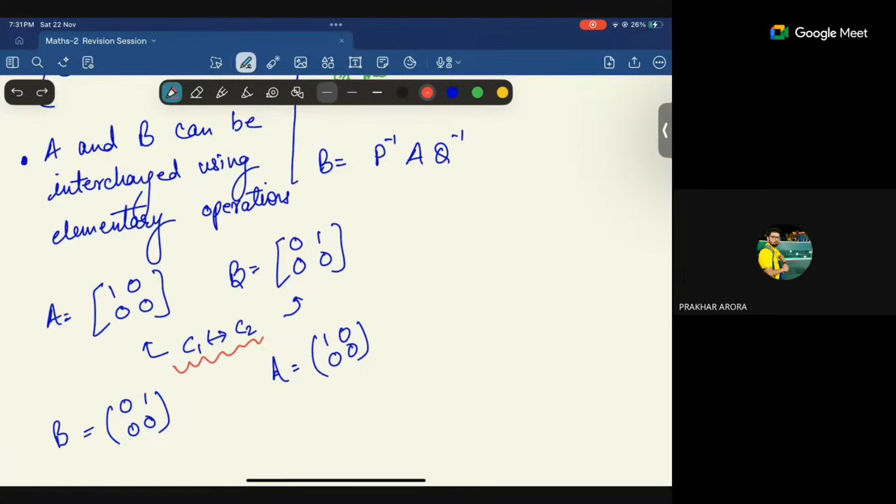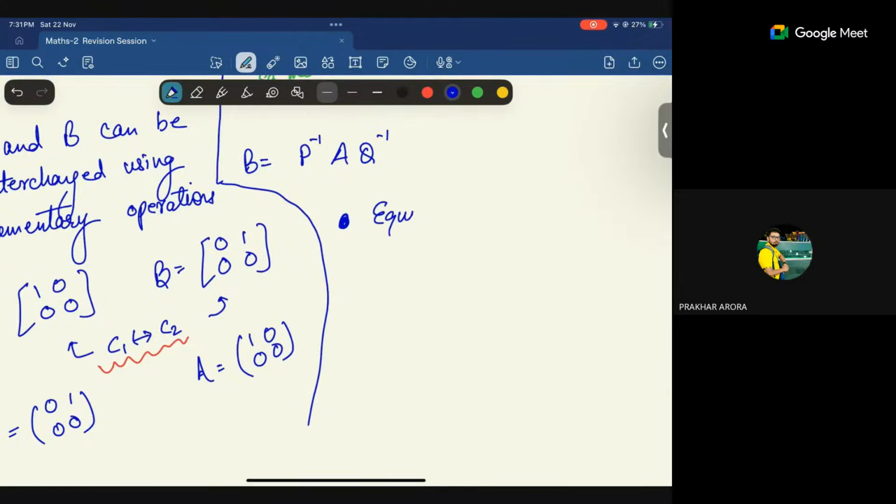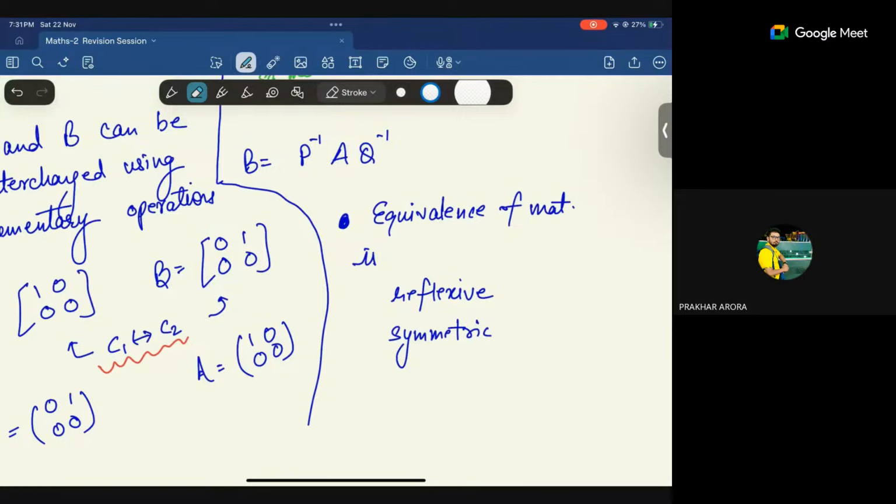One last thing I want to talk about in equivalent matrices is that equivalence of matrices is a reflexive, symmetric, and transitive relation.